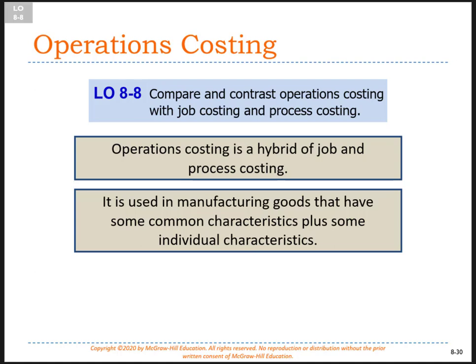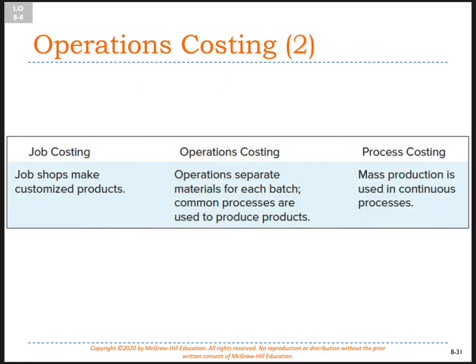So we told you it was a combination, a hybrid, but that maybe you just kind of check that off as not that critical. Now that we know both job costing and process costing, we better understand how the hybrid might work, okay?